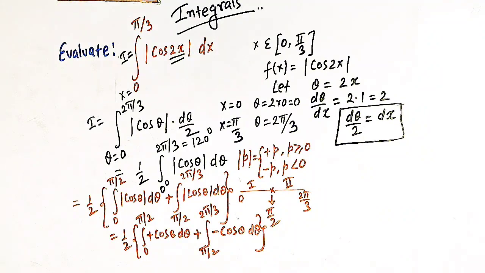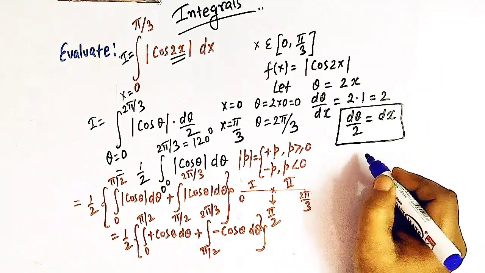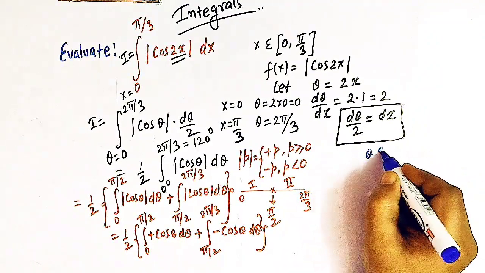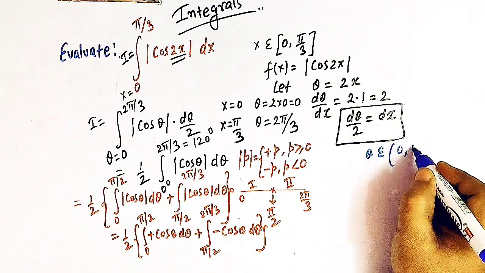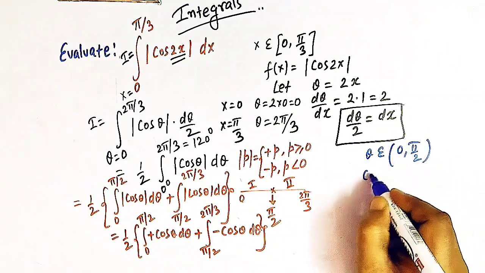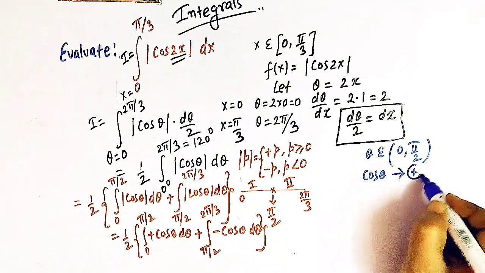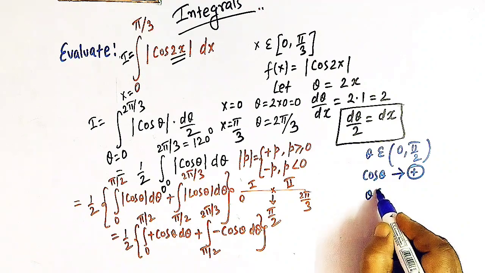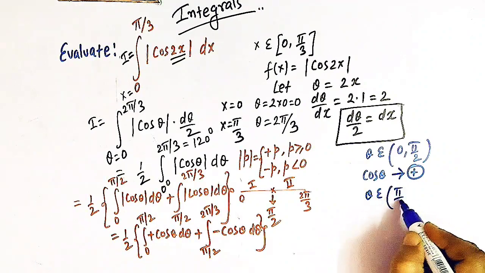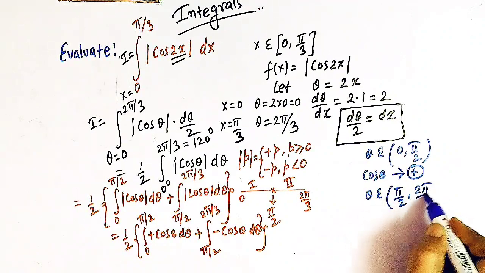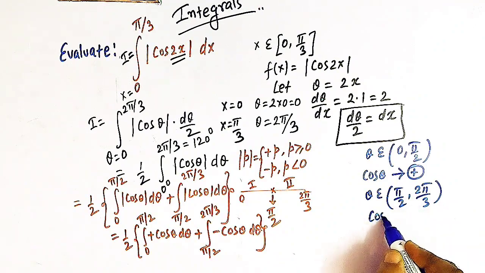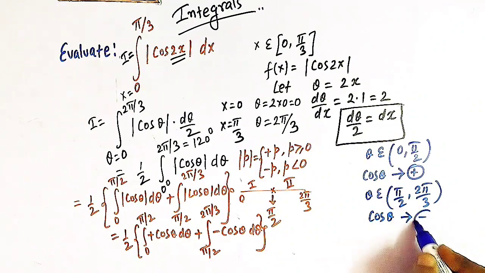In other words, when theta belongs to the interval 0 to pi by 2, cosine theta is positive, and when theta belongs to the interval pi by 2 to 2 pi by 3, then cosine theta is negative.